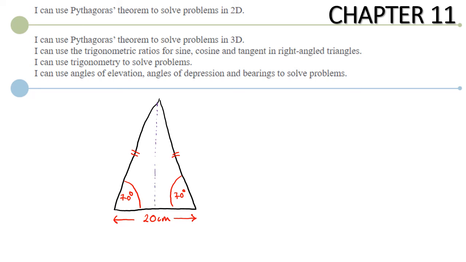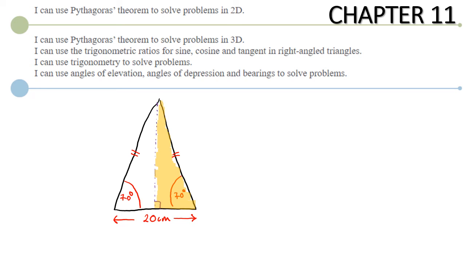Now, notice as soon as I stick that line down the middle, I get a right angle triangle. So this part here is a right angle triangle, so we can use our trigonometry to find that height.